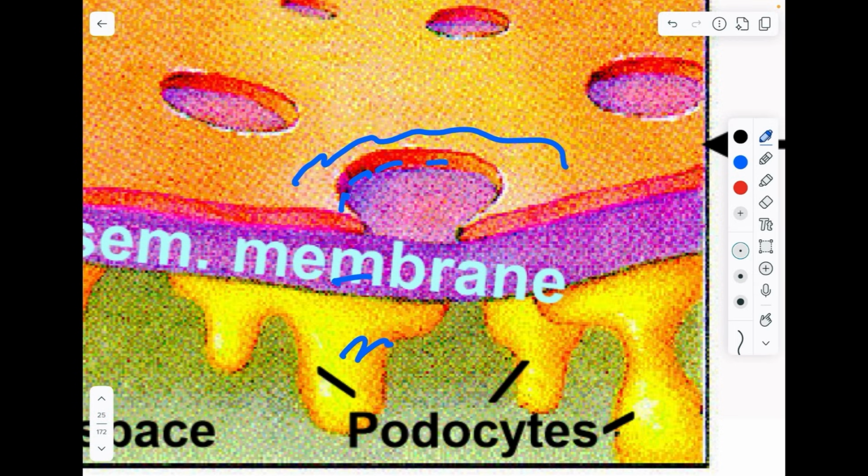All over this filtration opening, the filtration slit, and this basement membrane, we have negative charges. Why? Proteins. Proteins are mainly negative. So, when a positive ion is moving like this, and this negative charge sees it, what does it do? It attracts it towards it, and that makes it easier to be filtered.